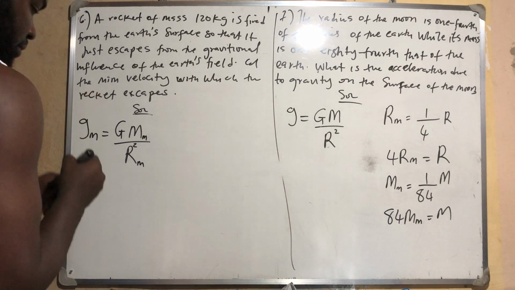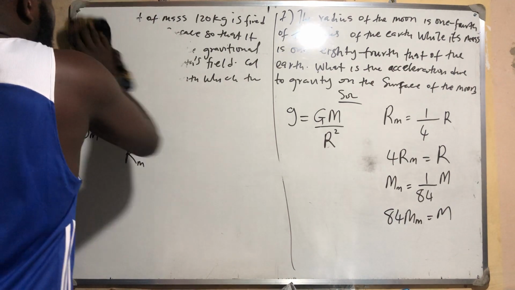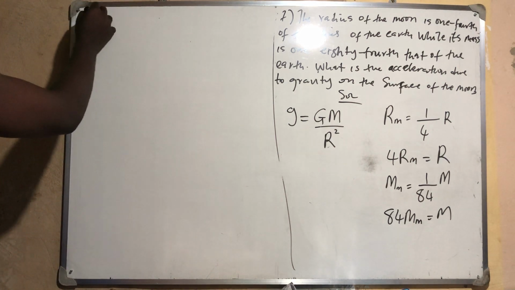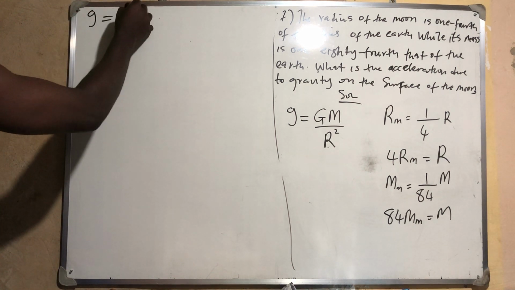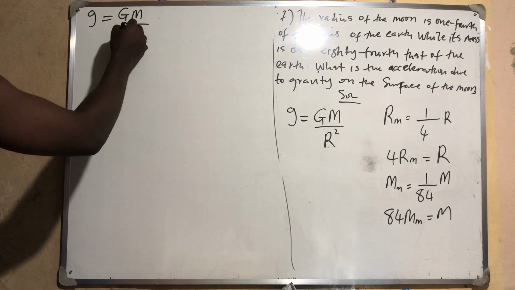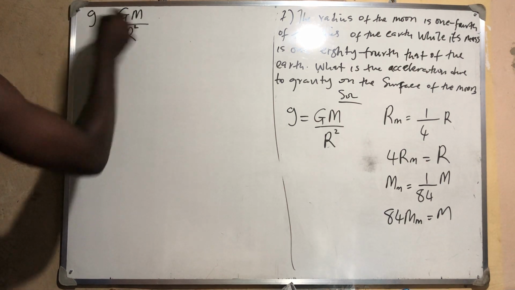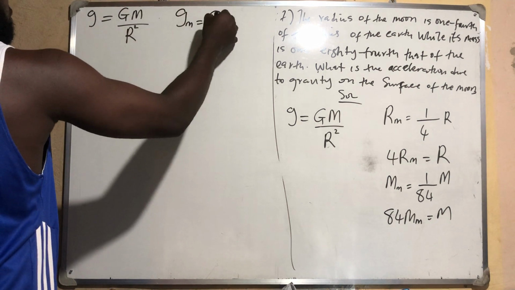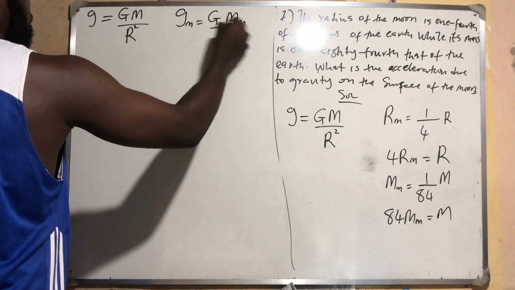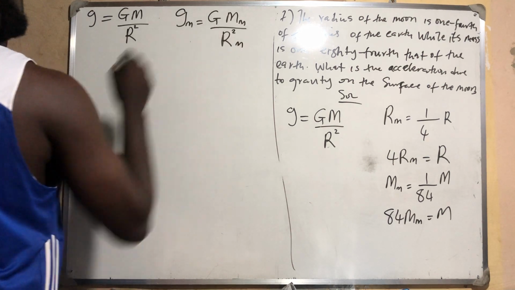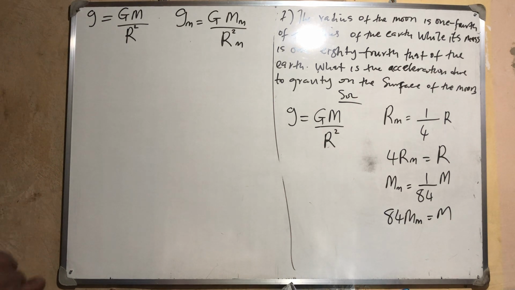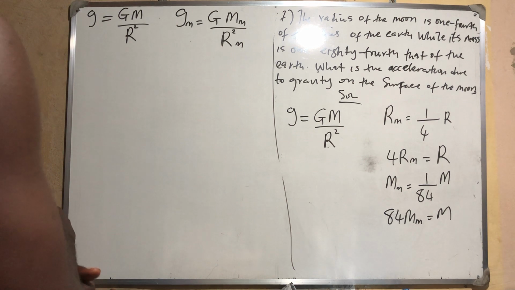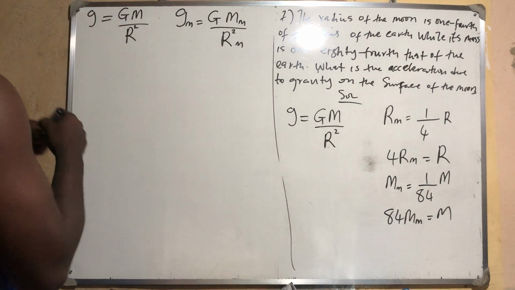Then for the earth, G is GM over r squared. But for the moon, g for the moon will be GM for moon all over R squared for moon. Now, for this to be equal, we need to substitute everything and see what we get.